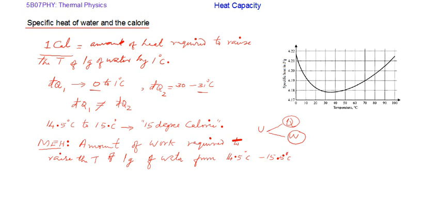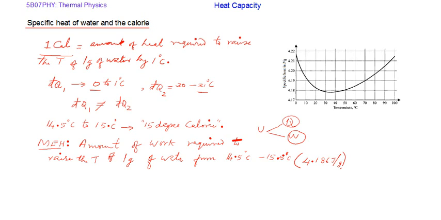And they found that the value of mechanical equivalent was equal to 4.186 joule per gram. Means 4.186 joules of work had to be done to raise the temperature of 1 gram of water from 14.5 degrees Celsius to 15.5 degrees Celsius.